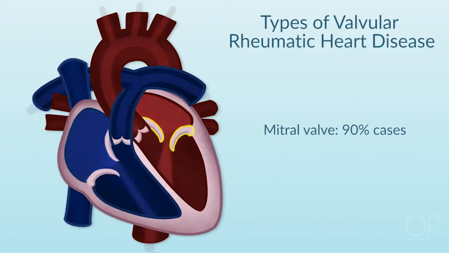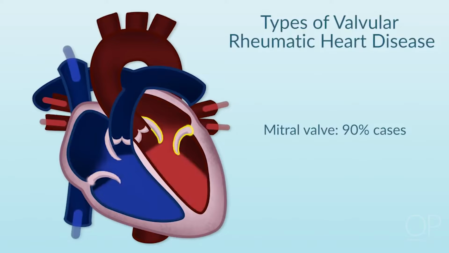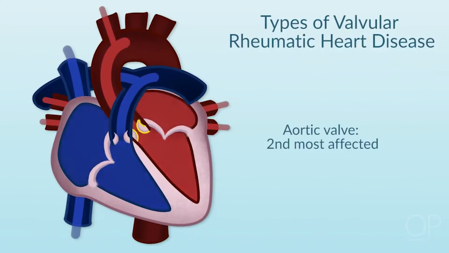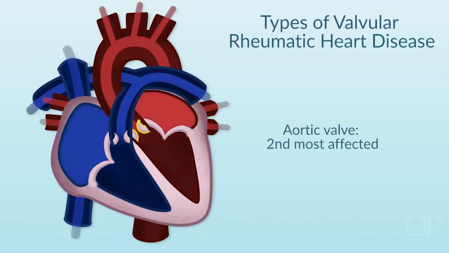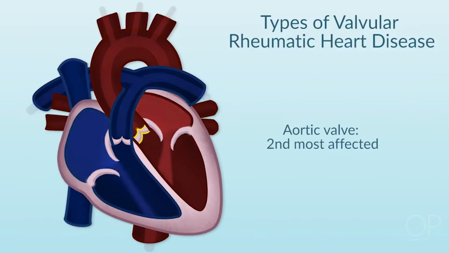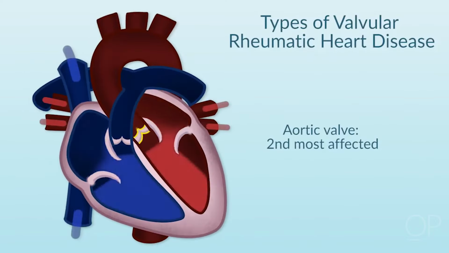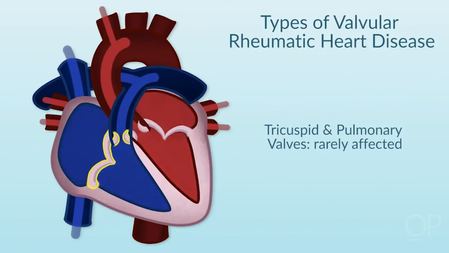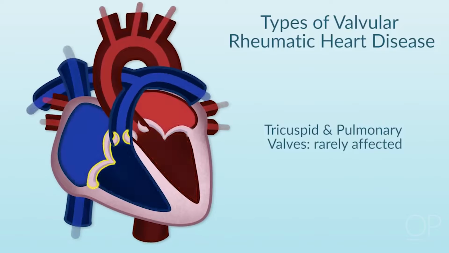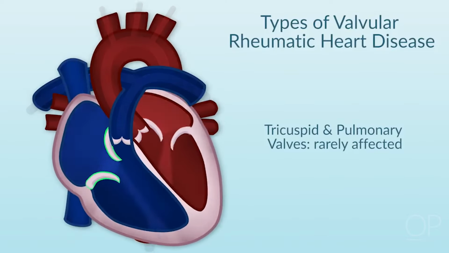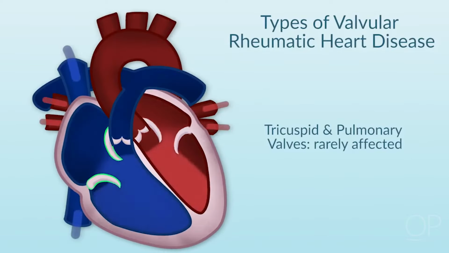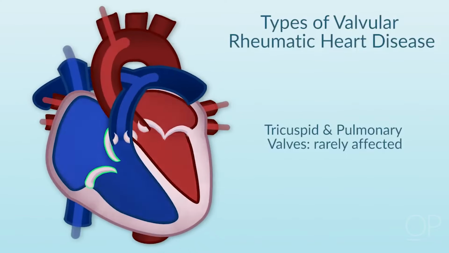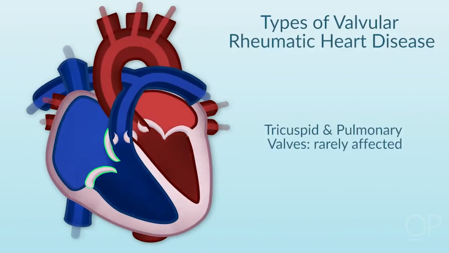The next most commonly affected valve is the aortic valve, and usually disease of the aortic valve is associated with disease of the mitral valve. The tricuspid and pulmonary valves are rarely directly affected, but tricuspid regurgitation may occur in advanced mitral valve disease, especially when there is severe pulmonary hypertension.